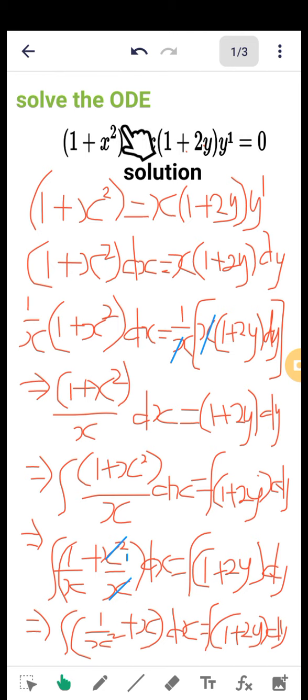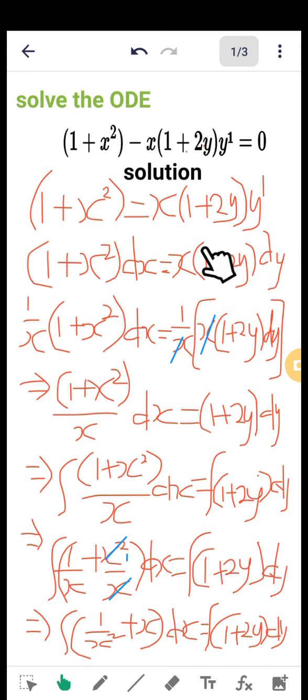Because here it was negative, when it crosses the equal sign it becomes positive. Now we have (1 + x²)dx = x(1 + 2y)dy.